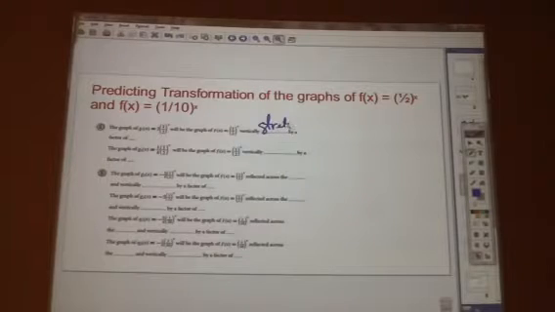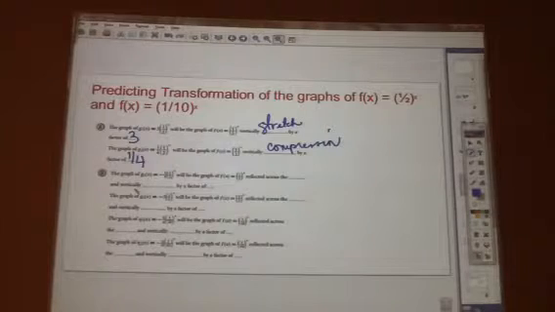Stretched by a factor of 3. You can say it out loud. The graph of g of x equals 1/4 times 1/2 to the x will be the graph of f of x equals 1/2 to the x. Vertical what? Compression by a factor of 1/4.